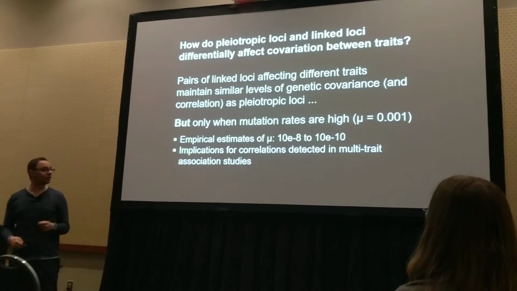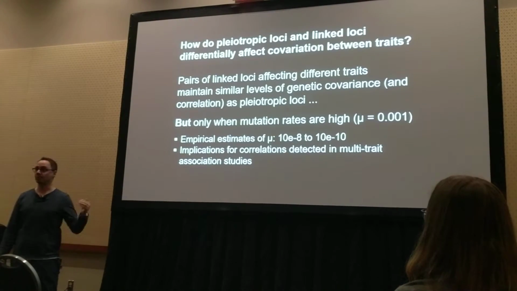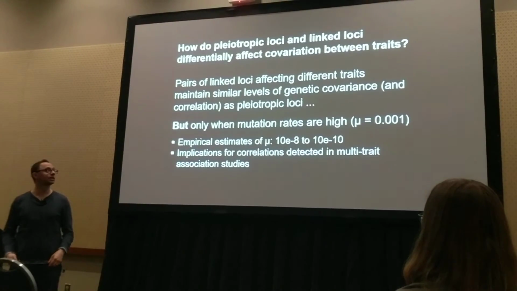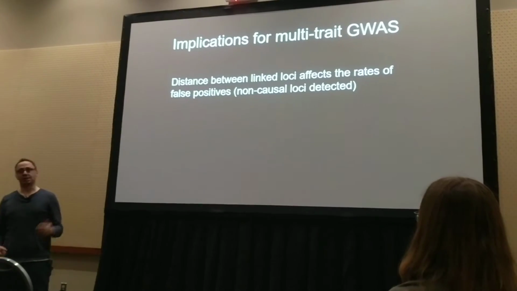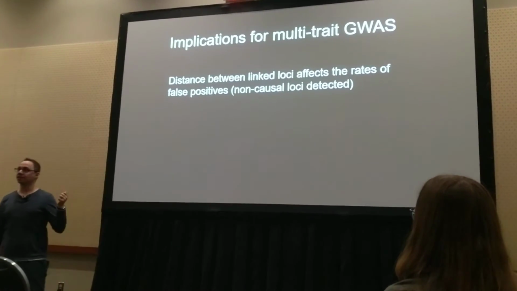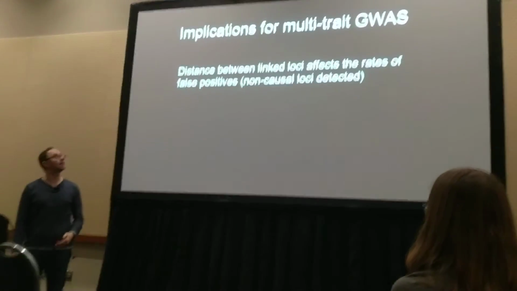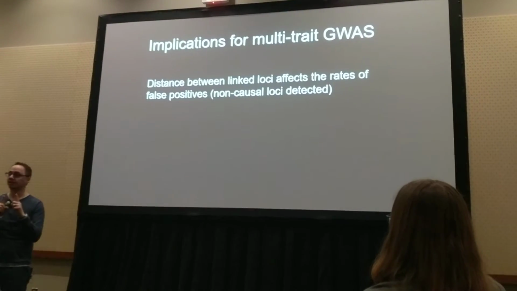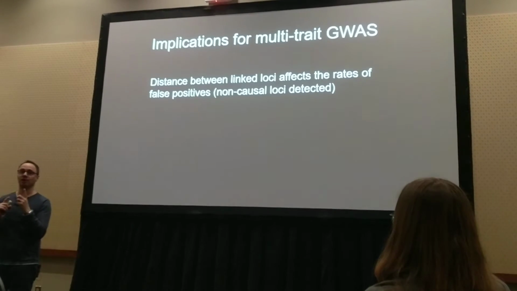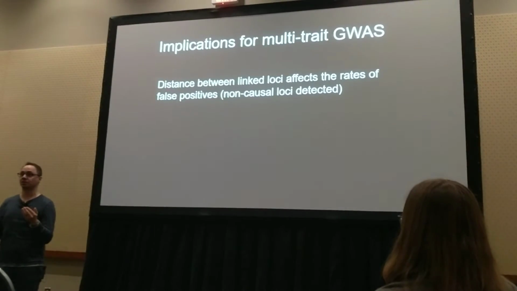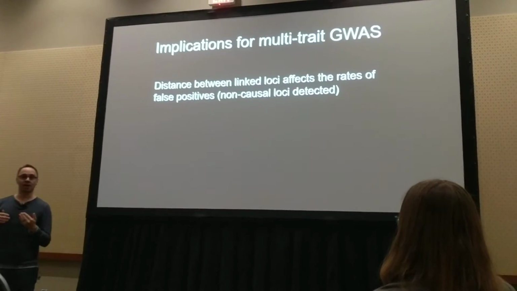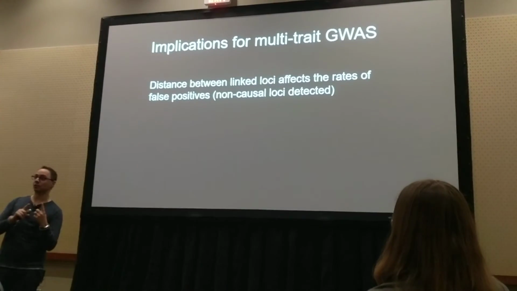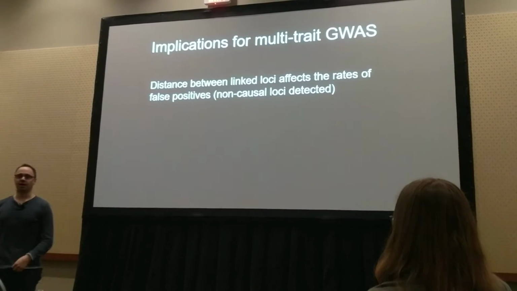And that is one of the implications that we might find in some kind of association study like multi-trait GWAS. The other one that's better known is that when you have tightly linked loci, you might see correlations in an association study with a phenotype, but that might be connected to the linked loci and not the causal loci.